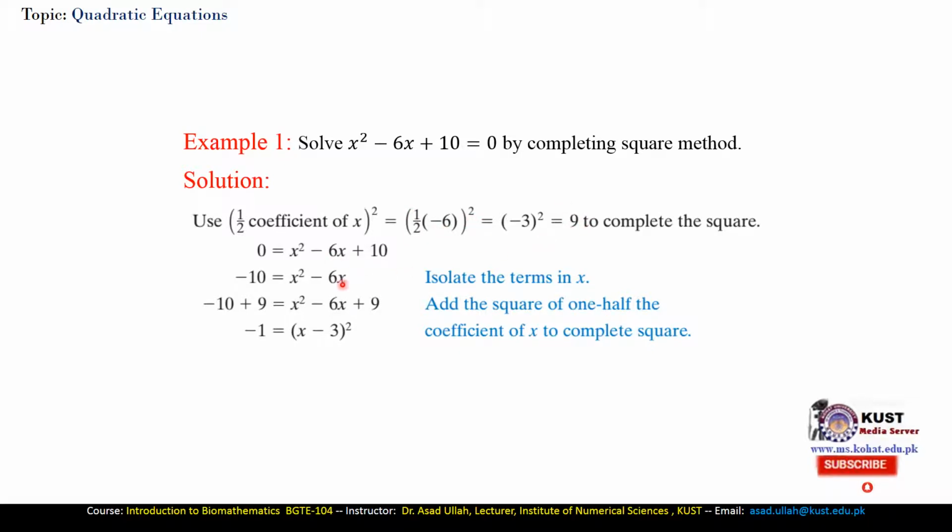Now separating the variables, we get x square minus 6x is equal to minus 10. Now adding 9 to both sides of this equation, we get x square minus 6x plus 9 is equal to minus 10 plus 9. After simplification, we get minus 1 is equal to x minus 3 whole square. This right hand side, x square minus 6x plus 9, is a complete square.